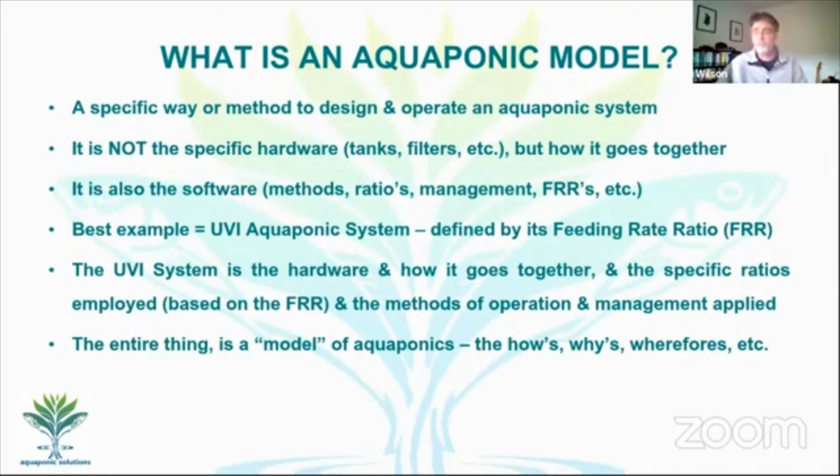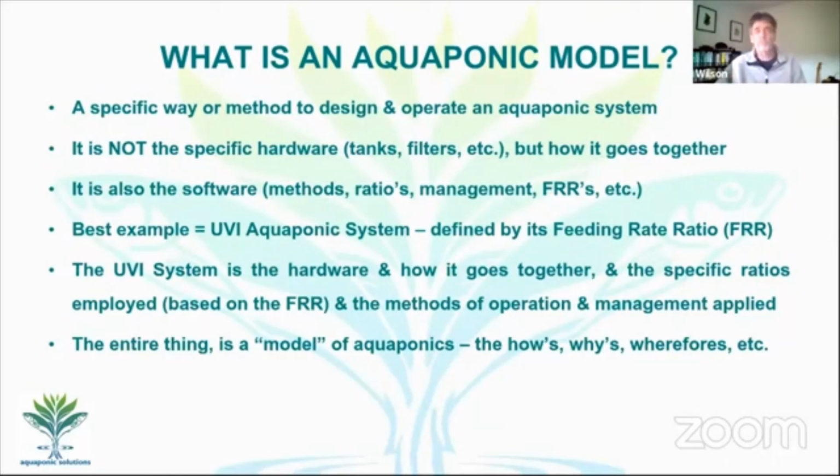So the best example of a model is the UVI aquaponic system, and it's defined by its feeding rate ratio. And that is the biggest part of the model. Yes, it uses specific hardware. And there is a particular way that the hardware goes together. You have fish tanks, you have particular types of filters, and so on.